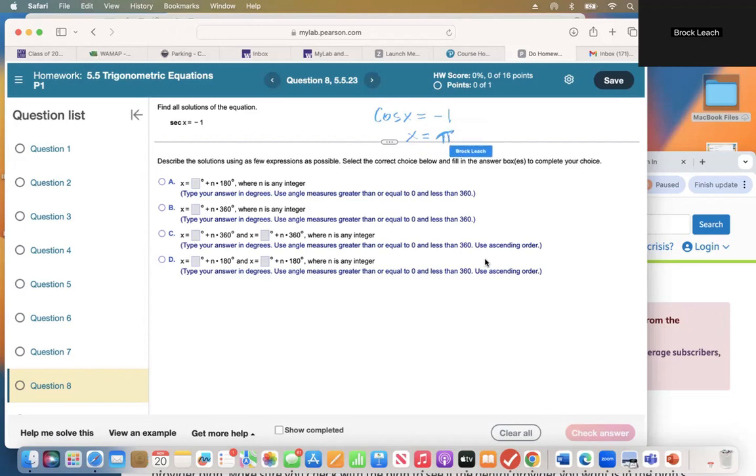But I guess they're doing it in degrees, aren't they? So we're at 180 degrees, because the reciprocal of -1 is -1. Right, and cosine and secant are reciprocal functions.